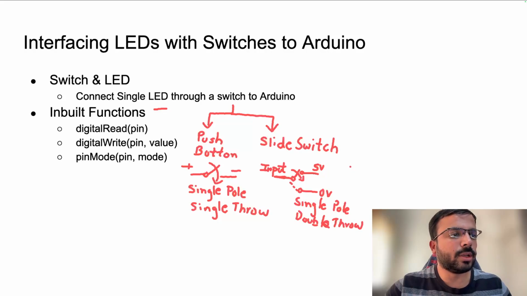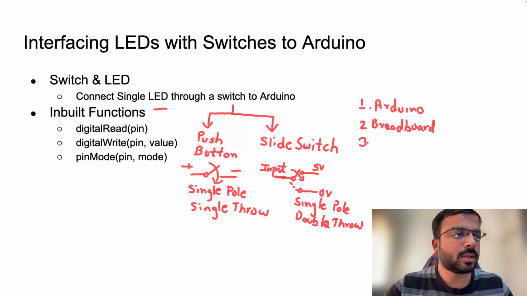Now for this experiment, what are the things we are going to need? The first component will be Arduino for sure, Arduino Uno R3. Second is our breadboard. Third, we will need these switches.